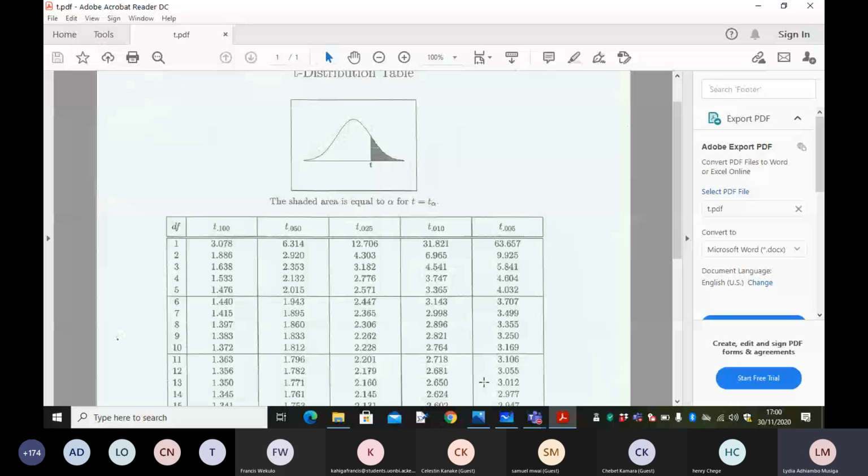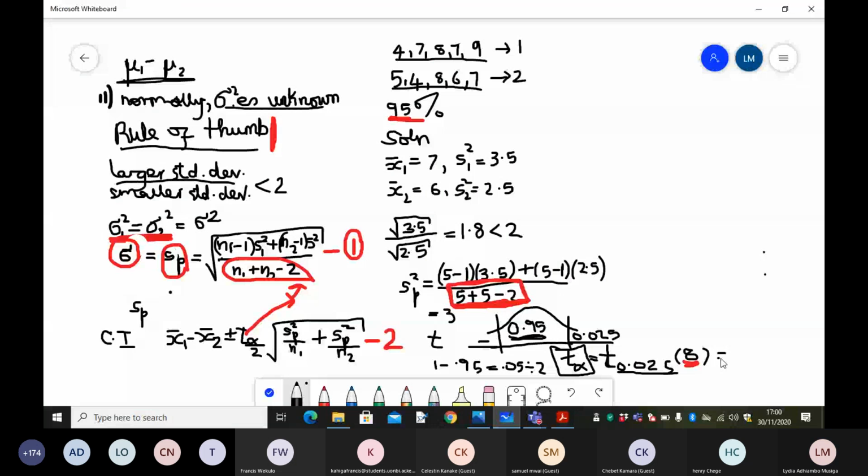2.306. We go back to the whiteboard, the T value is 2.306. Okay, now we can get our confidence interval. Now we substitute in equation 2.